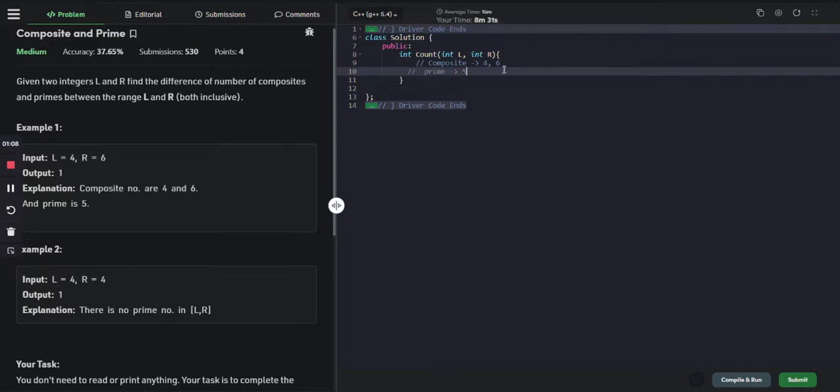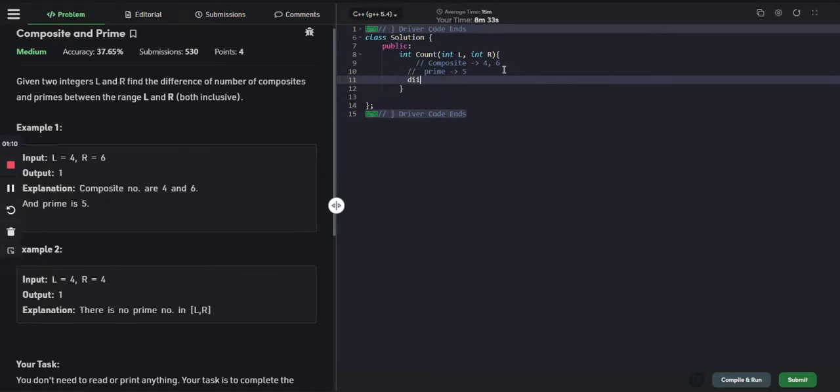So the difference will be equal to 2 minus 1, which is equal to 1. So in the output we are getting 1. Great, so that's how we need to do this question.